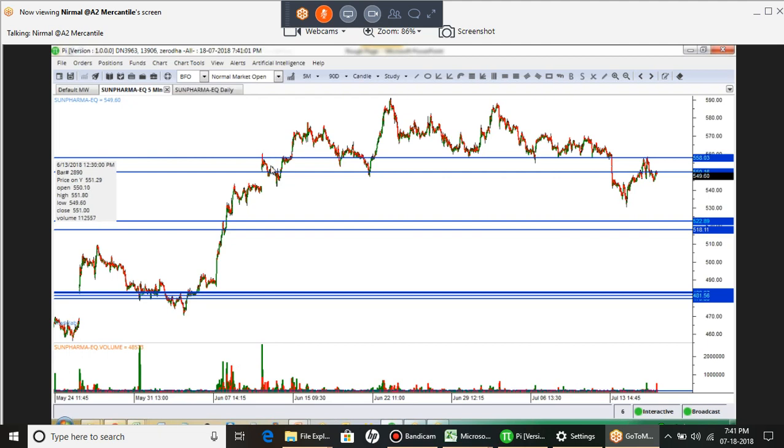Now see, after this level was established with this particular volume, do you see this kind of a volume here anymore? No. Okay. Now this is a breakdown on a low volume. If you compare it with this kind of a volume, these breakdowns are with the lower volumes. If it is a breakdown with a lower volume, does Sun Pharma still have the capability of hitting one of the levels and rebounding back and crossing 600 levels with a heavy volume? Because the positional view is up.